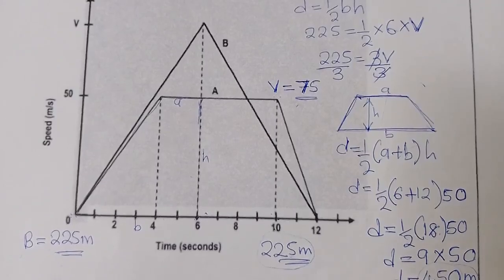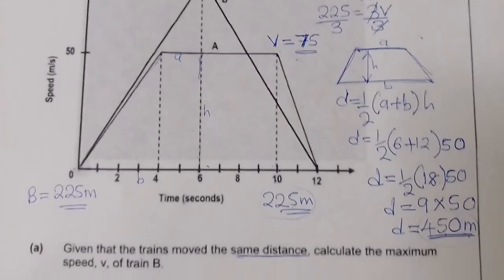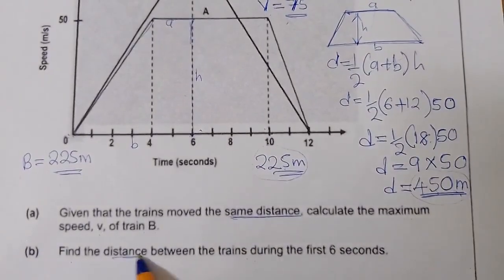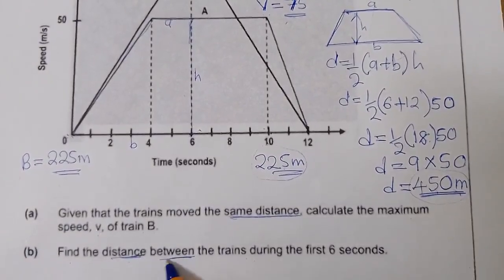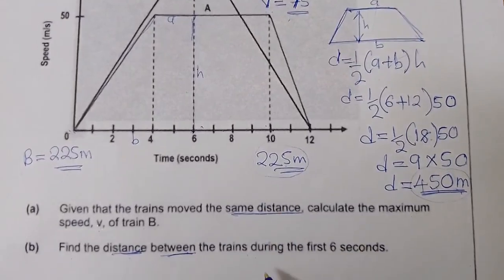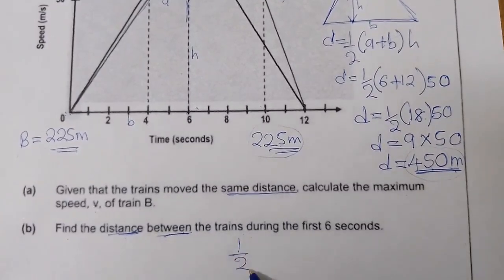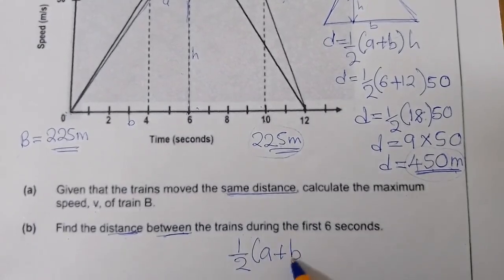So it's saying find the distance between the trains during the first 6 seconds. So here you are just told to find the distance between the trains, or rather the difference in distance between the trains. So I'm going to use the formula for a trapezium, where I say half, A plus B, then h.